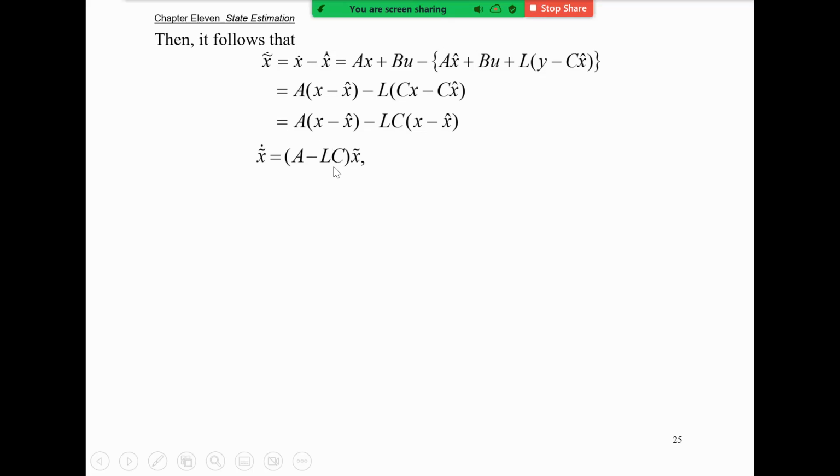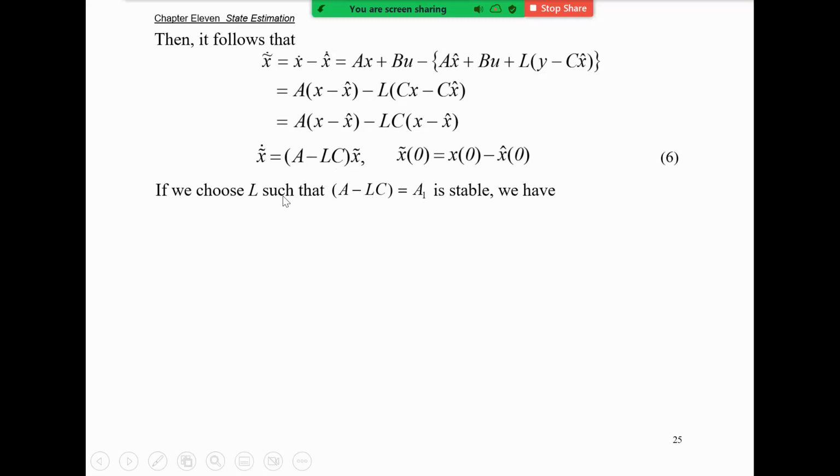We can change R. If we choose R such that this matrix A minus R times C is stable, then we can make this x tilde go to 0.